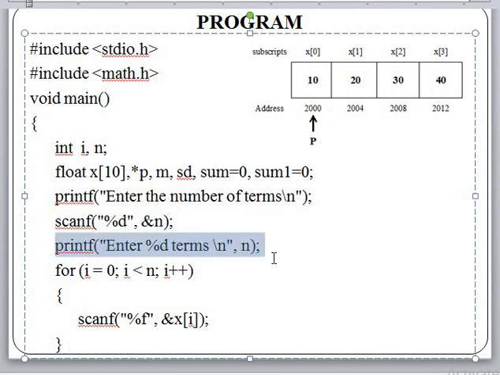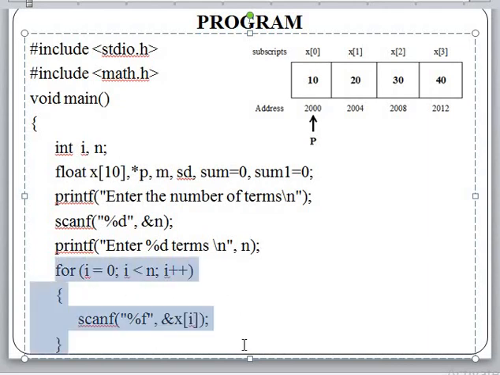Now we have to read n terms one by one. Initially we display "enter %d terms." So how many terms? It is 4 terms. On the screen we will have the display "enter 4 terms," and the cursor will move to a new line because of this backslash n.